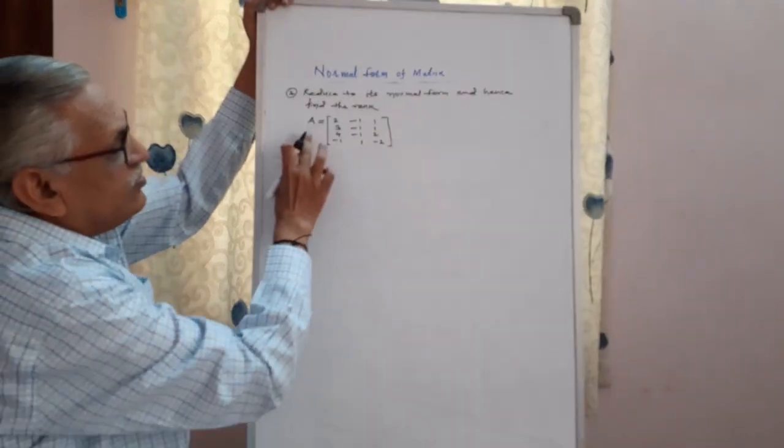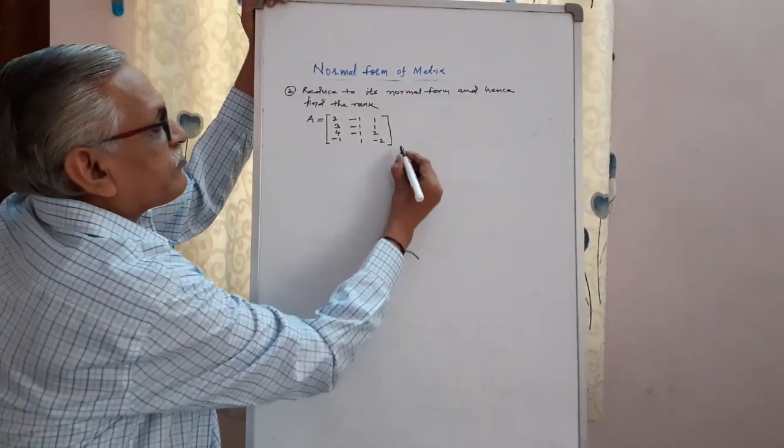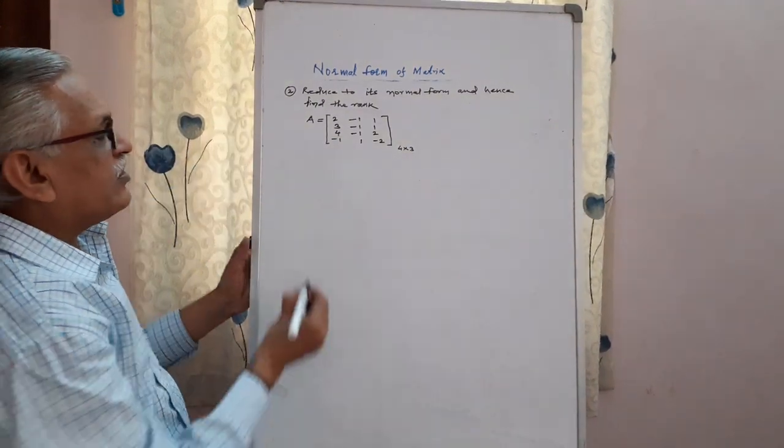Here the order of the matrix is 4 rows and 3 columns, 4 by 3.